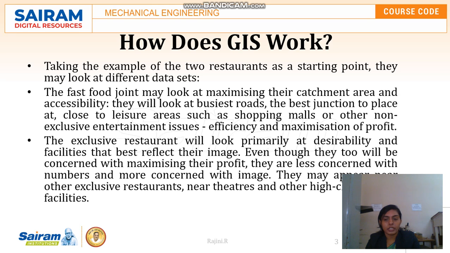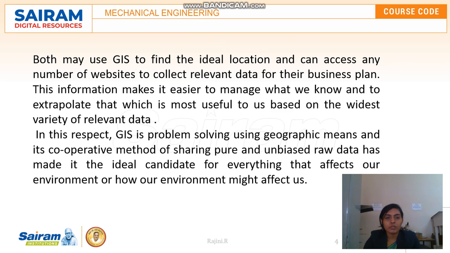Both may use GIS to find the ideal location, and can access any number of websites to collect relevant data for their business plan. This information makes it easier to manage what we know, and to explore the extra data which may be most useful to us, based on the widest variety of relevant data.